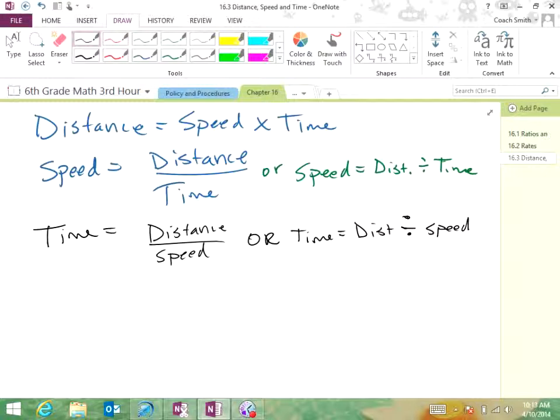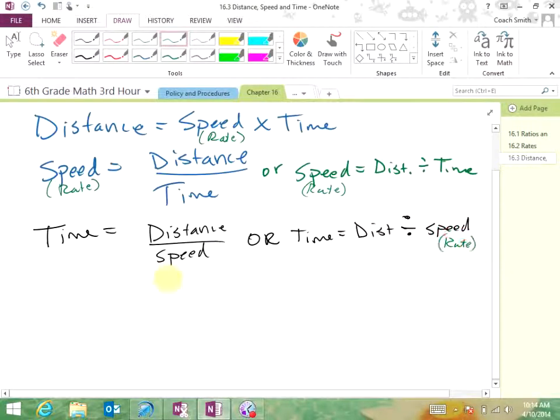Distance is equal to rate times time. That's how they're going to basically say it 7th grade on. Your book here uses the word speed, but understand that speed is the same thing as rate. So I could replace anywhere where it says speed with the word rate, and that's going to give me the same thing.